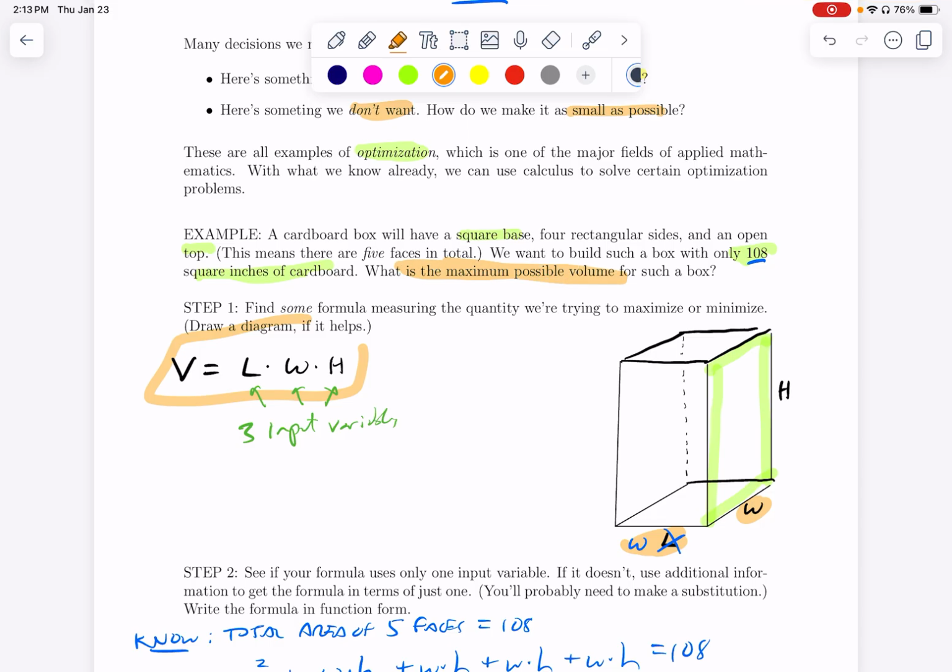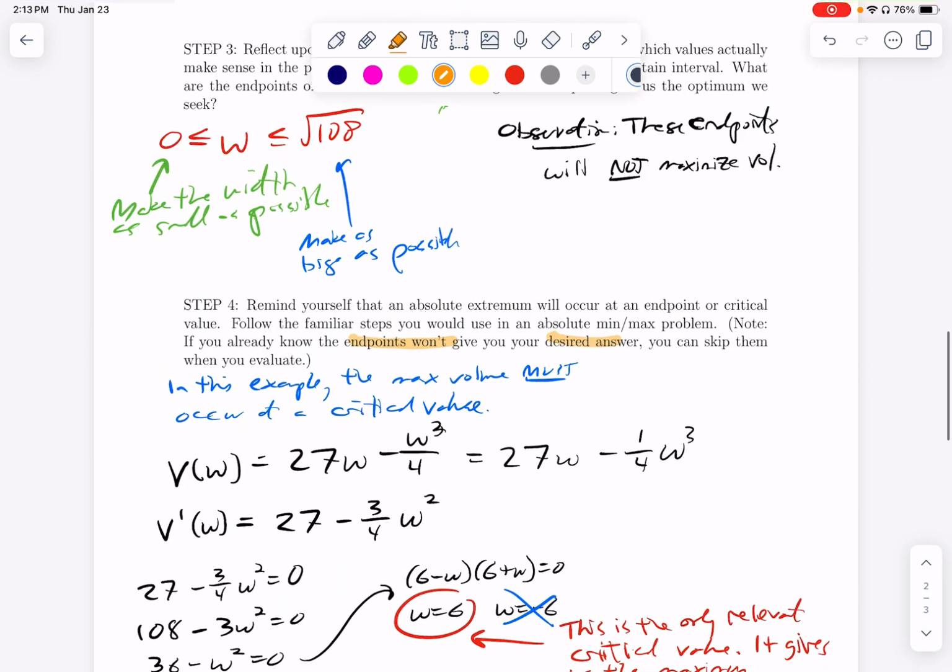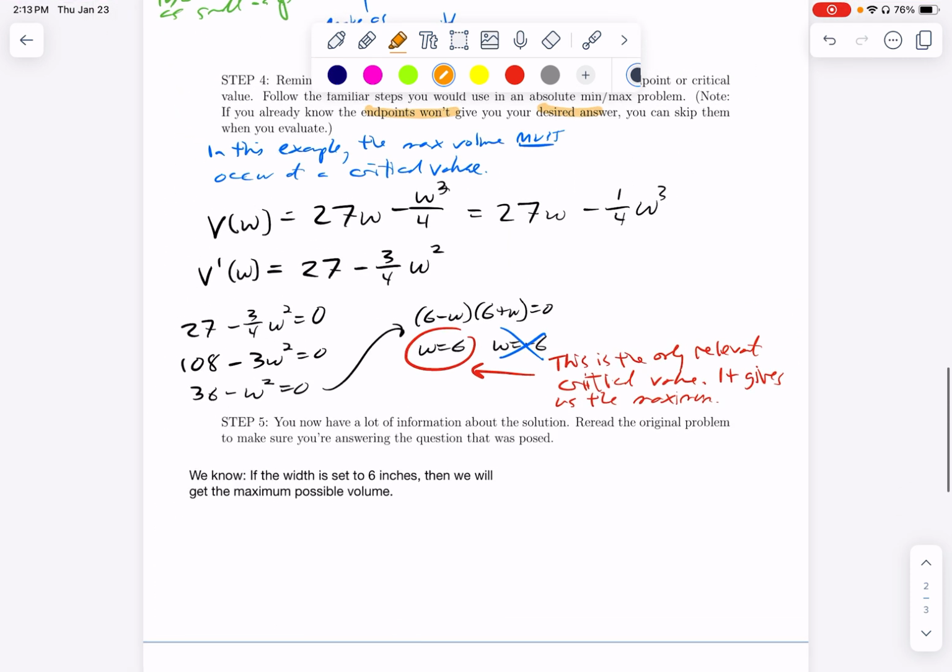The number we have is not V equals some number. What we have is W equals some number.